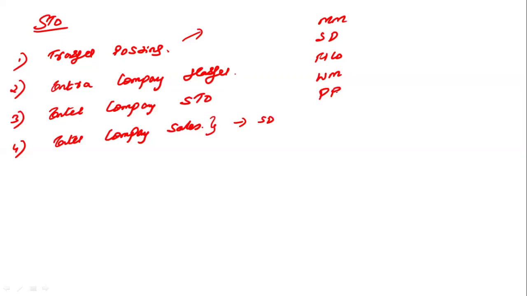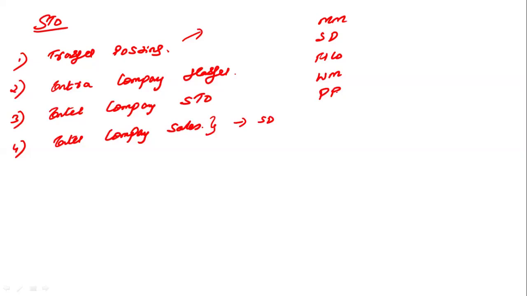As I said, we have a requirement coming from the receiving plant, and the supplying plant is going to deliver the goods. If it is a regular scenario, as I mentioned, plant B has a requirement and plant A is supplying the goods, then we don't need so many consultants.